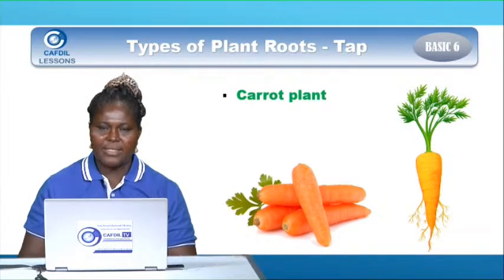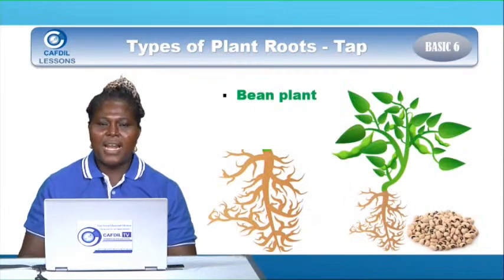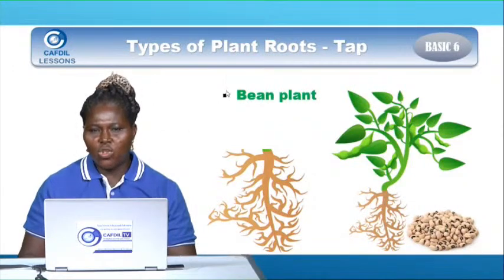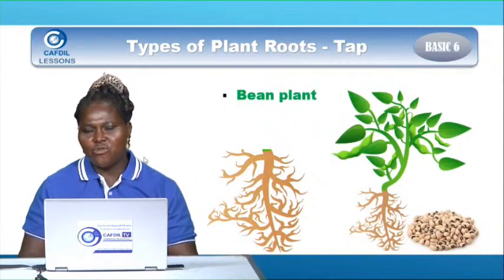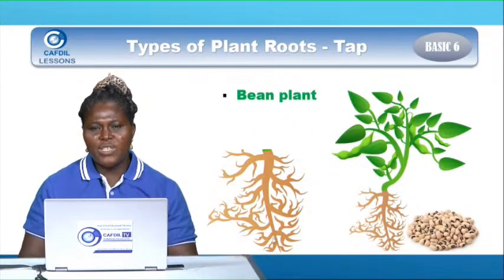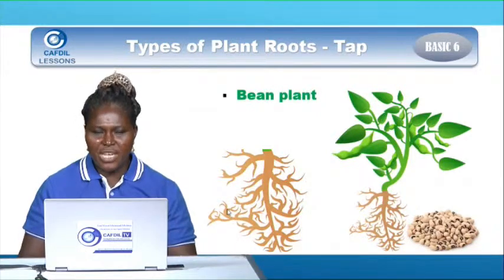Carrot plants. Now another one is the bean plant. It also has the main root and side roots with root hairs. So the bean plant has the main root, side roots, and then root hairs.